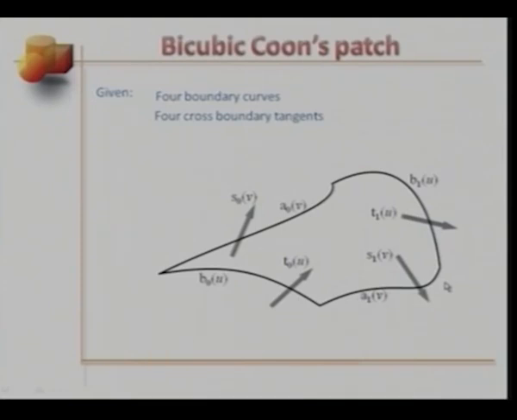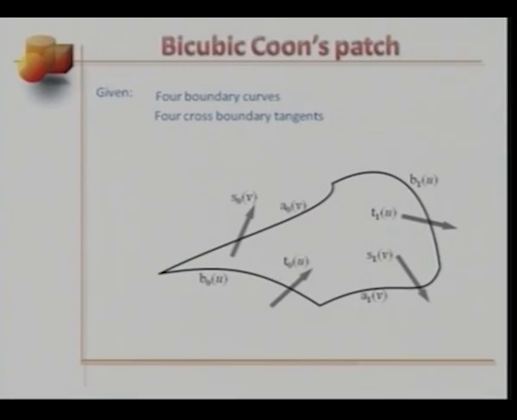Okay, recall now what we did when we created a lofted patch. For a given u, we chose a point, we chose the corresponding tangent direction. For the same value of u, we chose a point here on this curve, b1 of u. Correspondingly, we also had the tangent information, and we lofted a curve along the v direction.